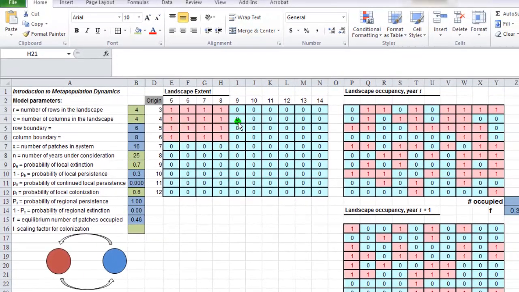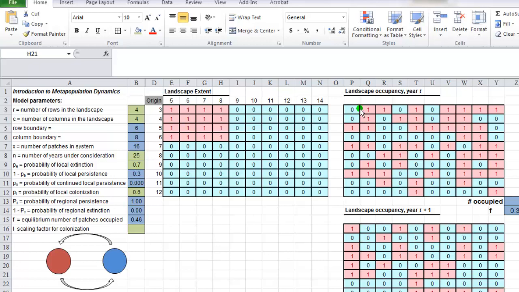Given how many patches are in the system, we then simulated the occupancy and vacancy of patches through time. Here we're looking at the time step t, and in the next grid below it, we're looking at the dynamics in year t plus 1.